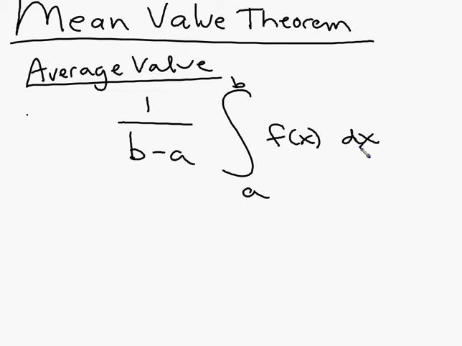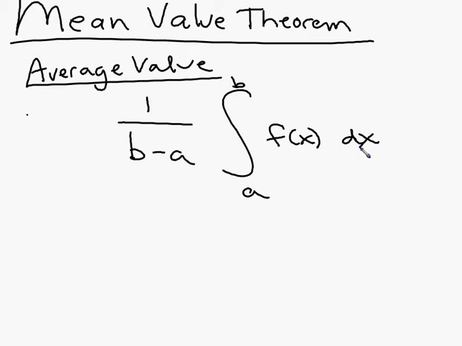I even gave you a problem where we found one place where that occurs. Here's what the mean value theorem says. The mean value theorem is actually directly related to the average value.